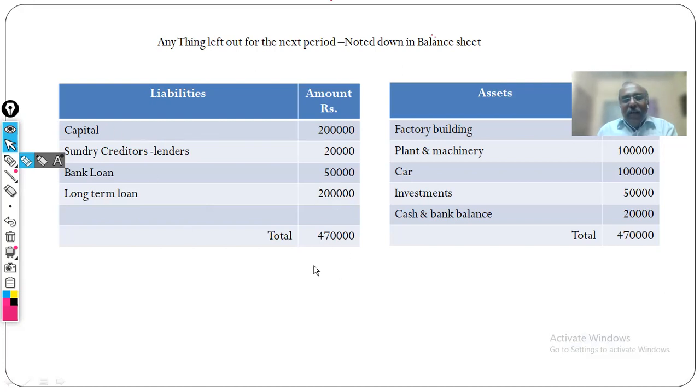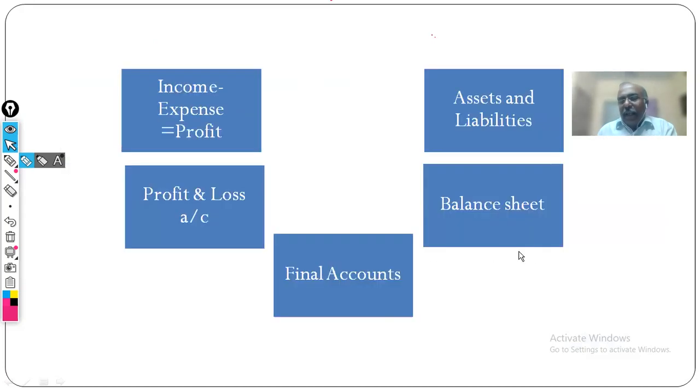So totally we are having 4,70,000 liability, and for the same amount we might be having assets also. Why? Because whatever asset we are having, for that we might have borrowed money from somebody. So equal amount of liability we will be having. When assets and liabilities become equal, then the account will be tallied. With that, our balance sheet will come to an end, or our final accounts will also come to an end.